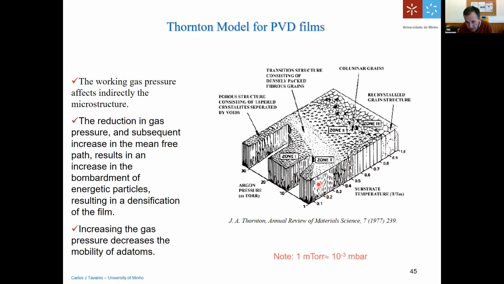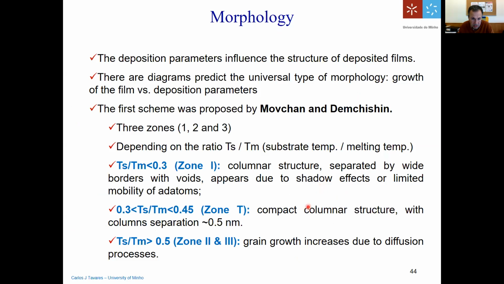Then you would expect to have your coatings in this transition zone. So what is this transition zone? In this transition zone, which is labeled by Thornton, you will have a film which has a compact columnar structure with columns separated by just half a nanometer.